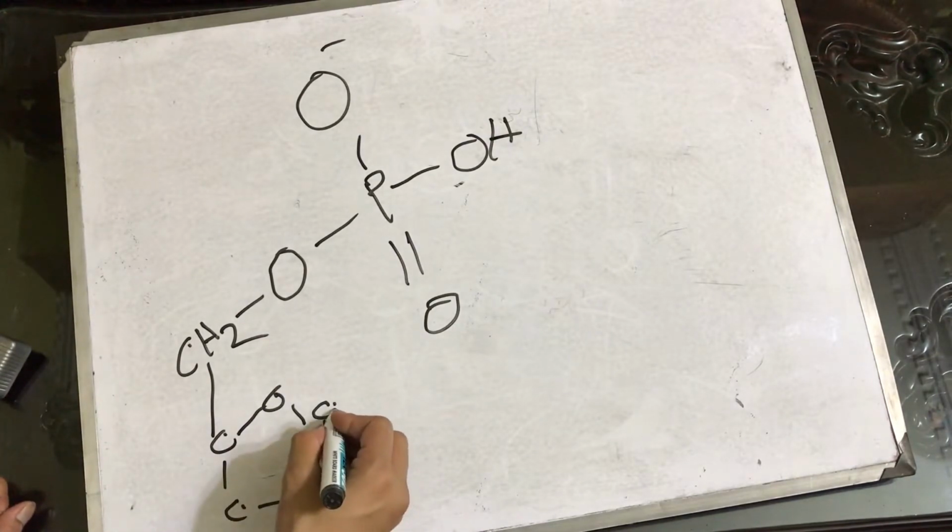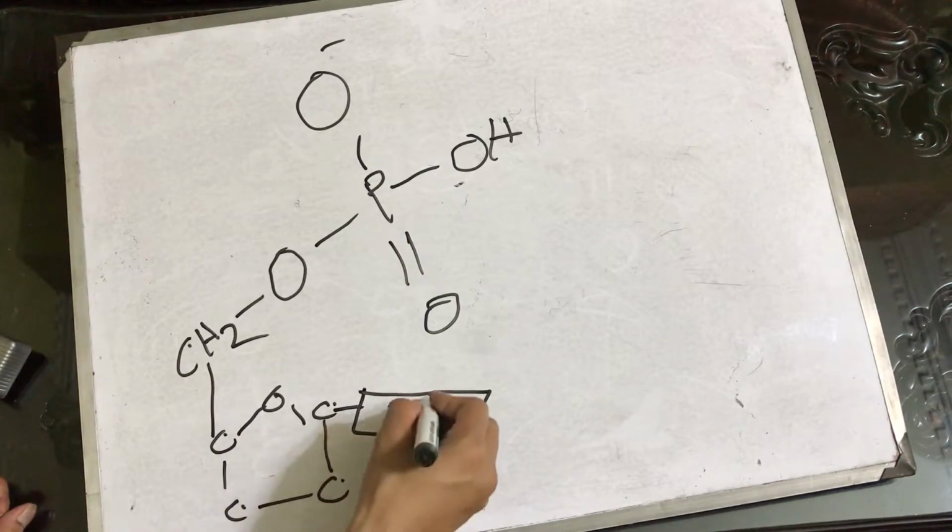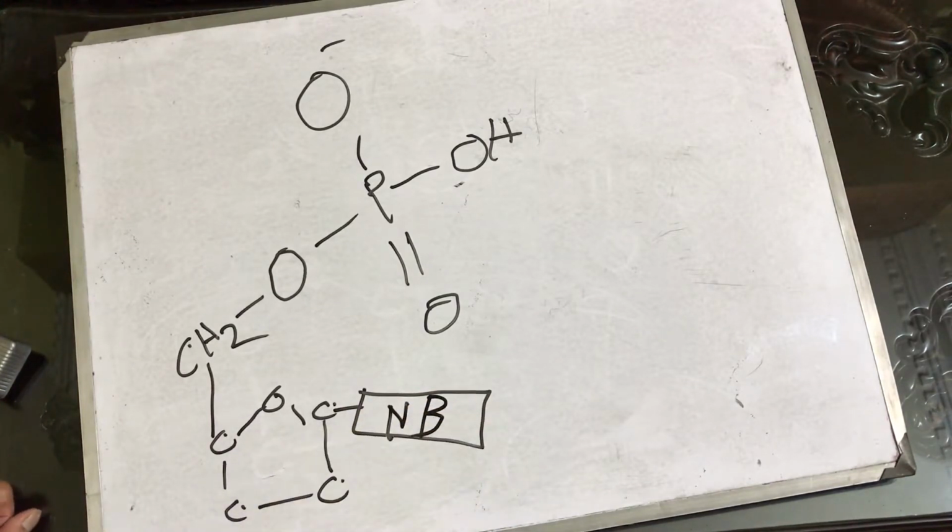And this is the carbon number 1, so there will be a nitrogenous base attached to it. Now, this is the structure of a nucleotide, but this is one nucleotide.